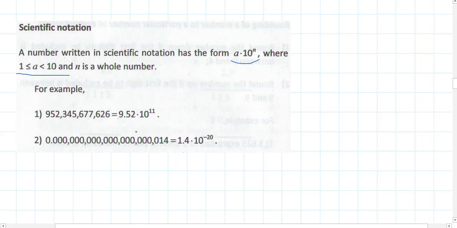So it will be 9.52 and three ones, times 10 to the power of 11. So it means we have 12 significant figures, and if we expand this, it will be the same as this number.